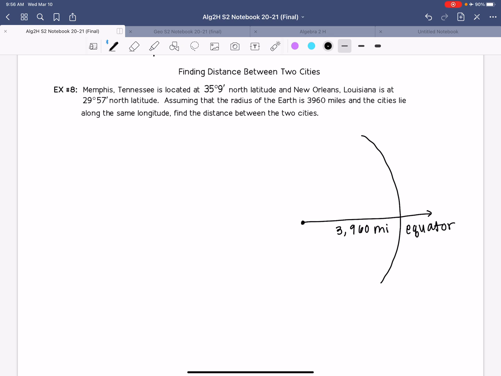Then we have New Orleans, located right here. And above New Orleans would be Memphis.